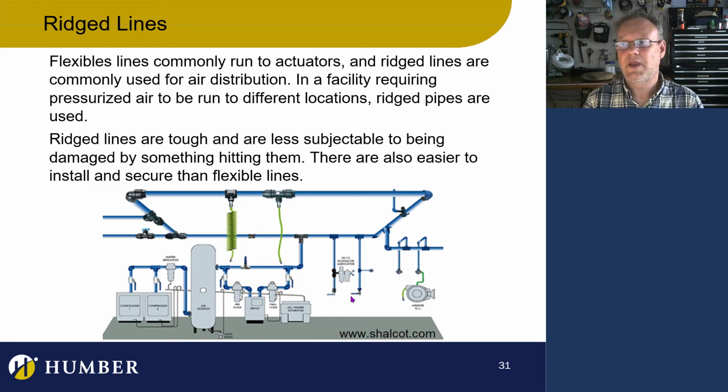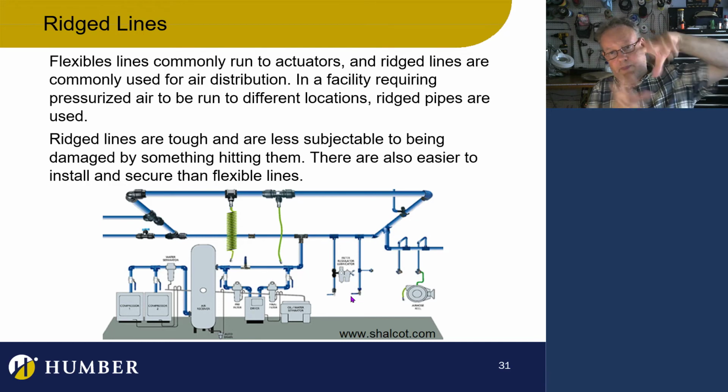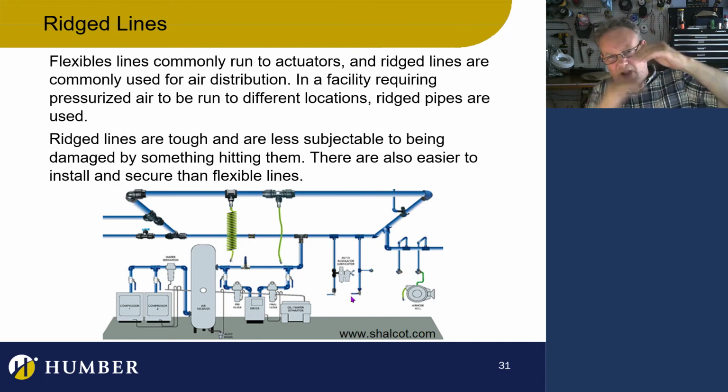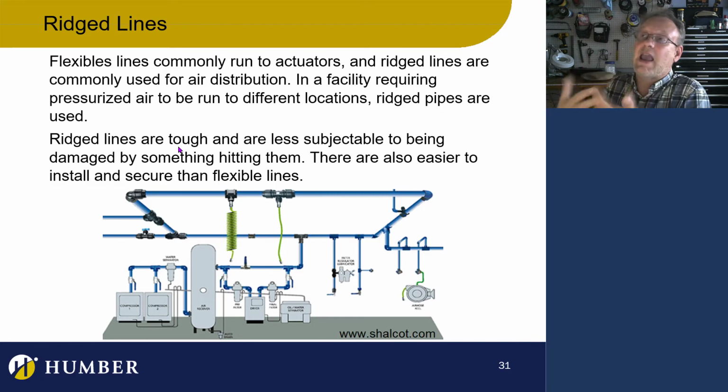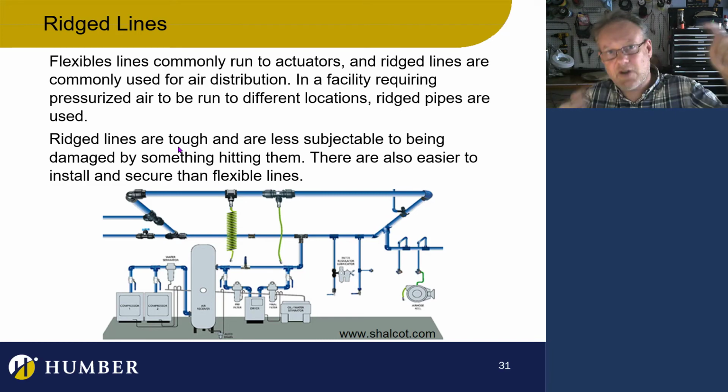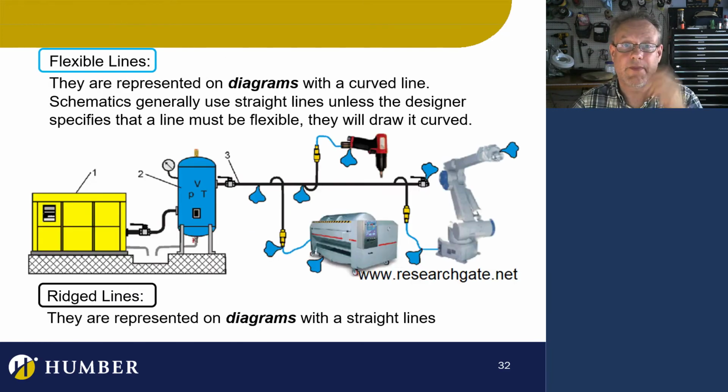But if it's a bigger machine that needs a good supply of air, like a press at a factory, it's going to have a rigid line going to it, because someone's going to spend the time to line up that rigid line and make sure everything's bolted in and cut to just the right length so that everything fits properly. So it depends on the application, but often we'll have a rigid line to transmit the air somewhere, and then a short flexible line going to the actual machine from the rigid line.